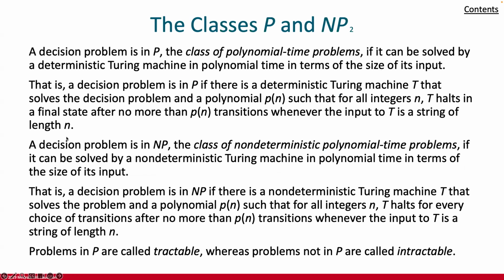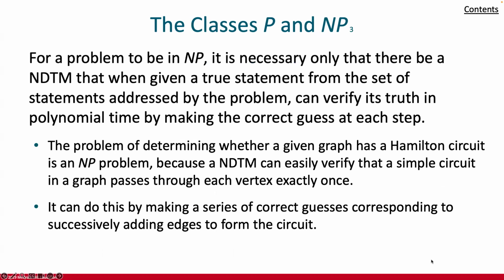A decision problem is in NP, the class of non-deterministic polynomial time problems, if it can be solved by non-deterministic Turing machines in polynomial time in terms of the size of its input. Problems in P are called tractable, whereas problems not in P are called intractable. So just some more perspective on NP and P.